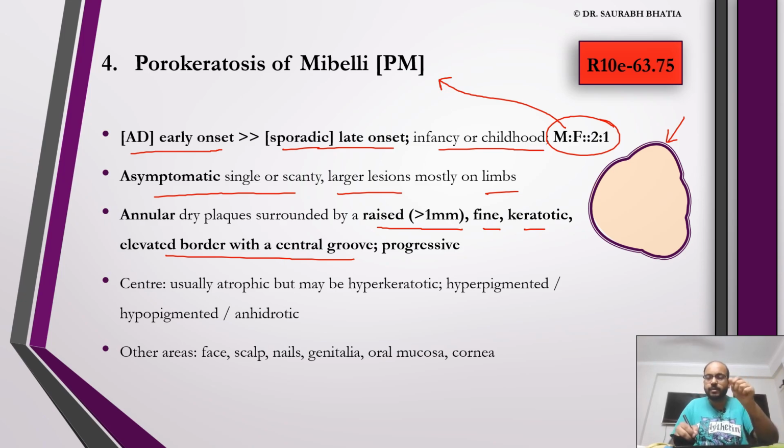Sometimes, if you look closely, you can easily appreciate the two layers in the margin. But one thing to remember is that the keratotic rim is thicker compared to what we see in DSAP. Center is usually atrophic, but may be hyperkeratotic, hyperpigmented, hypopigmented, anhydrotic. All of these secondary morphologies can be seen in the center. Other areas involved are face, scalp, nails, genitalia, oral mucosa, and cornea. Let's move forward.